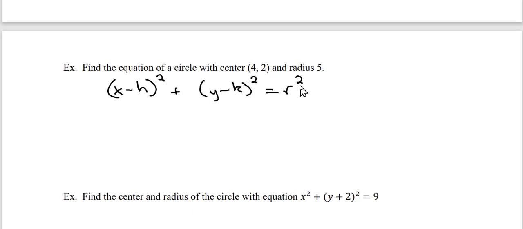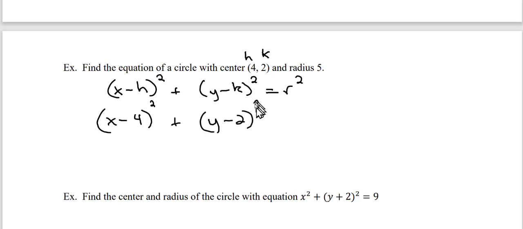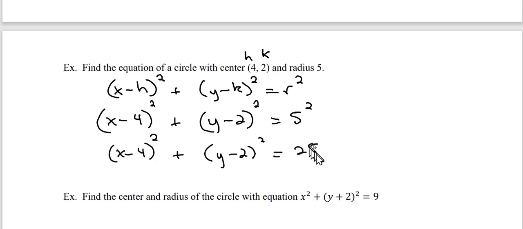I showed it to you there because it kind of showed up in some of those examples, but here's sort of the why. Let's plug in what we know. Center of 4, 2 means h is 4 and k is 2. So we get x minus 4 squared plus y minus 2 squared is equal to 25.